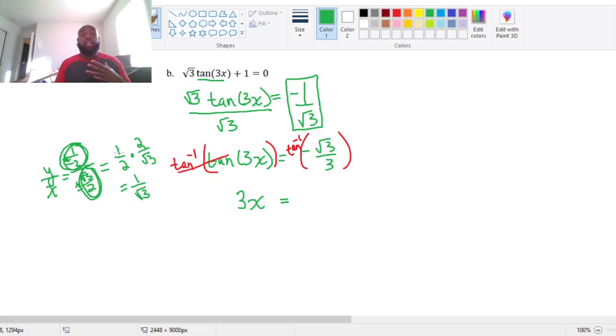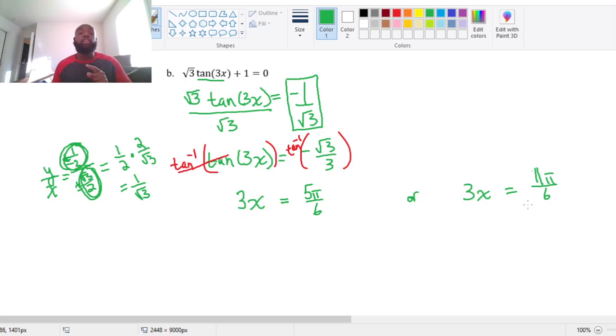Well, it's going to have a reference angle of pi over 6. And since it's negative, tangent is negative in the second and the fourth quadrant. And so it's going to be 5 pi over 6, or we get our other solution for letting 3x equal the fourth quadrant, 11 pi over 6.